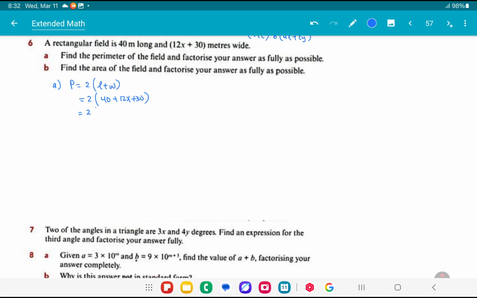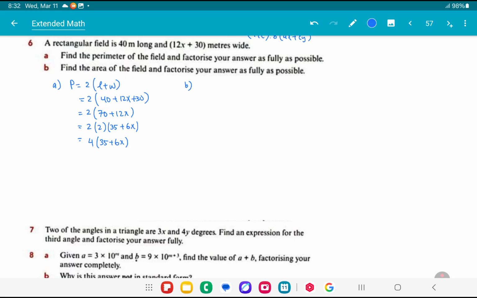So we get 2 multiplied by 70 plus 12x. Both 70 and 12x we can divide by 2. We get 2 and then 35 plus 6x. 2 times 2 equals 4. So the final answer is 4 multiplied by 35 plus 6x.